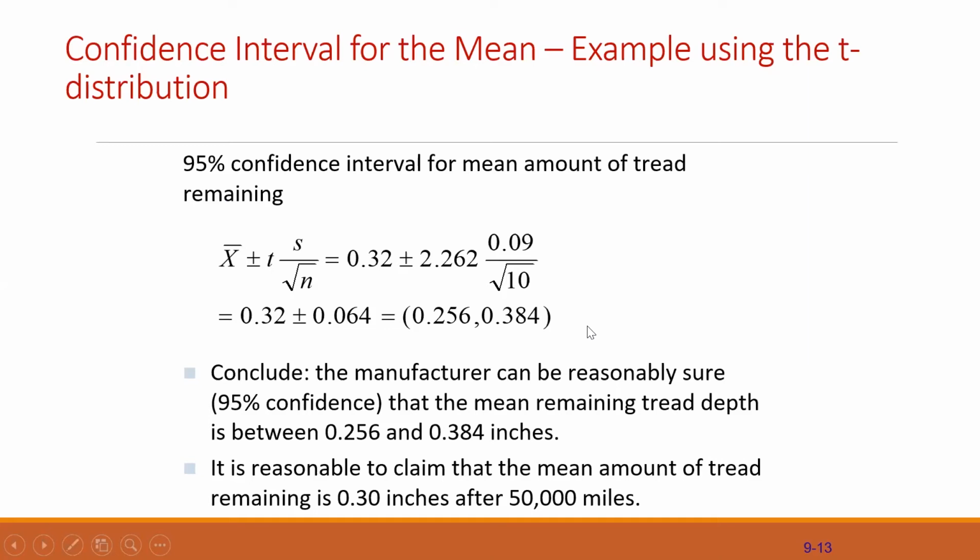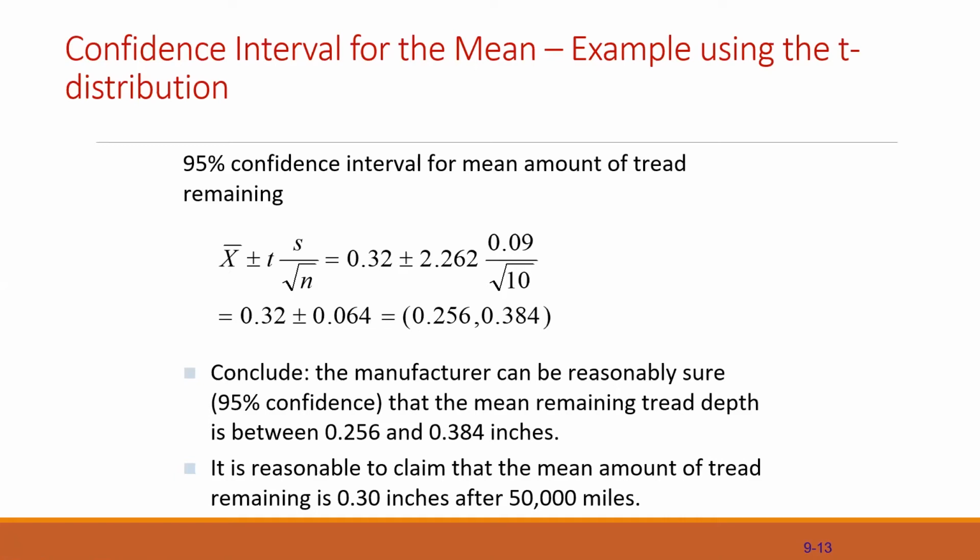So that's the average amount of tread remaining for all tires after driven for 50,000 miles. And this is the range for the population average. Again, all tires. All right.